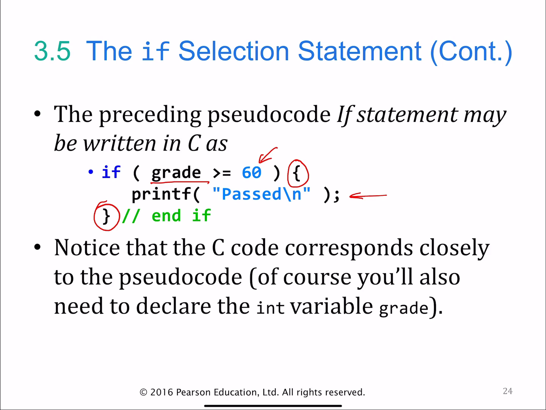And if there are multiple ones, you have to put them inside a block of code, and the start and the end of that block of code is denoted by these curly braces. So basically anything between this opening and this closing curly brace will be executed only if this condition evaluates to true.